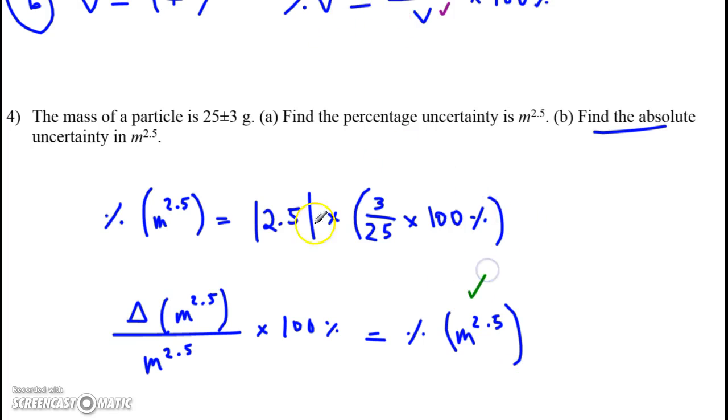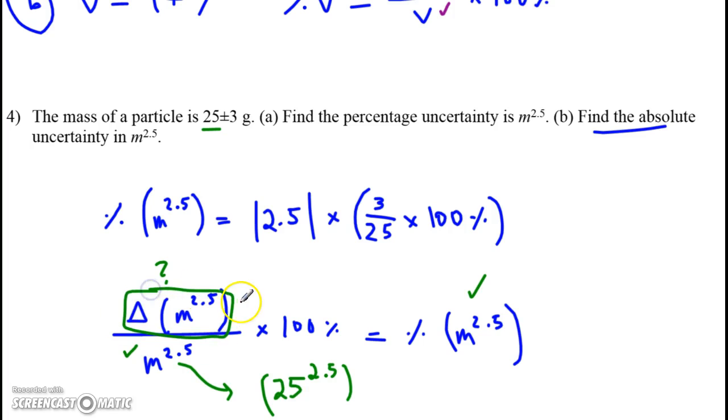You know what this is from above. Mass to the 2.5, you find that by taking 25, right? The mass is 25. Raise it to the 2.5 power and get your answer, and then plug in that answer right here. And then you'll know this as well, and you can solve for this, which is just one big variable. Isolate that big variable in the box, get it by itself, and then find out what your answer is.